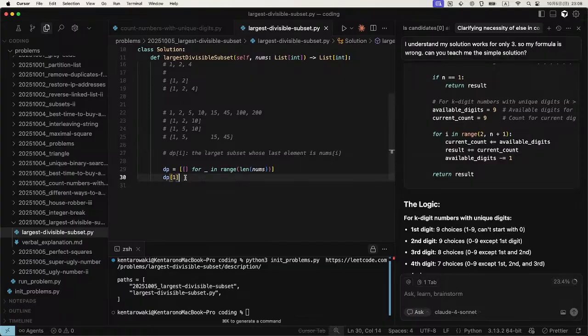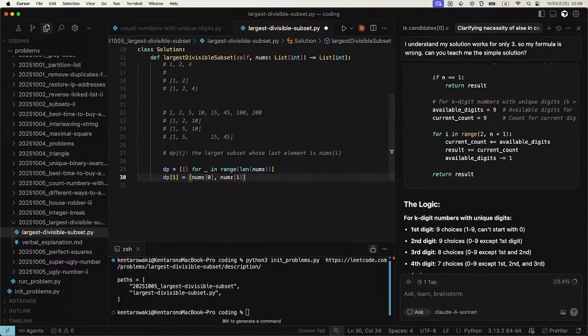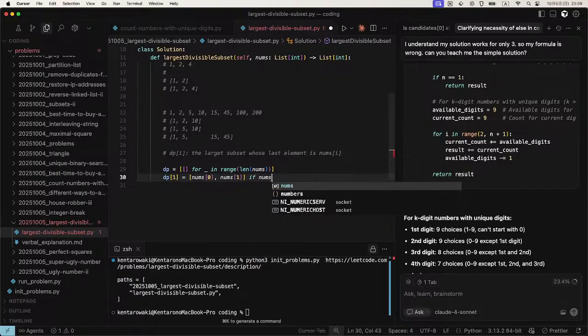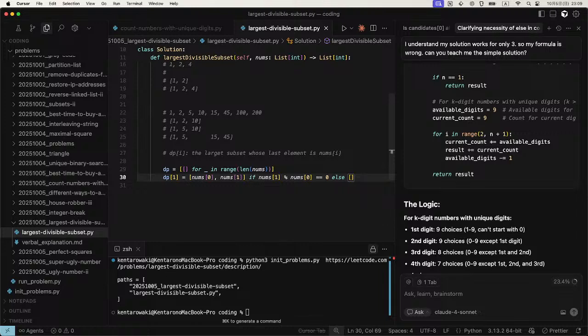So the DPI would be nums 0 and nums I, if nums 1 is divisible by nums 0, else we return empty.